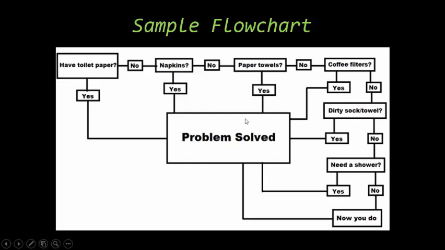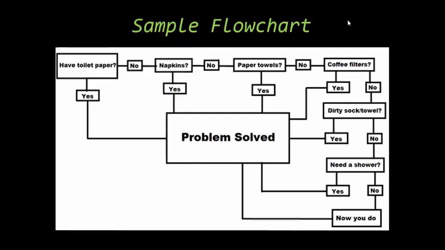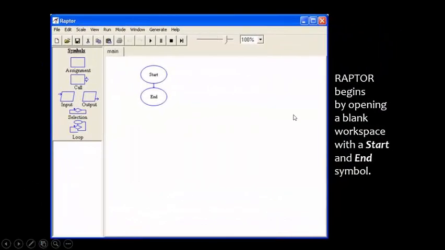And here we have an example of a sample flowchart for what you would do if you don't have any toilet paper. Raptor begins by opening a blank workspace with a start and end symbol, and you can see those here.